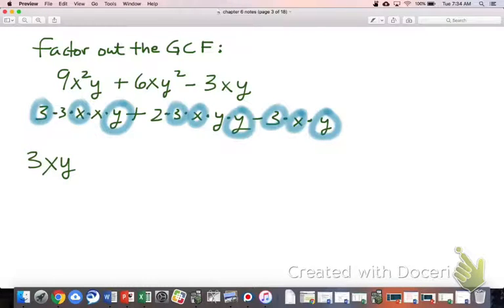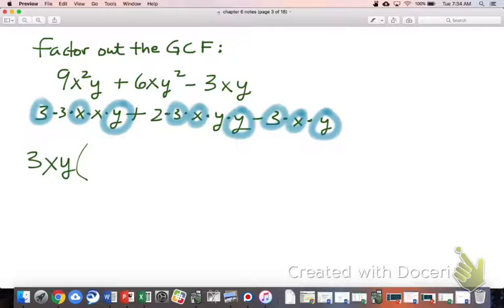To finish this off, let's remember that factoring out the GCF is essentially just the reversing of the distributive property. And so as we try to write the leftovers from this process, we need to write the symbol that's always associated with the distributive property, and that is a parentheses. To finish this out, we simply need to notice what has not been highlighted, and that's what's going to be left over.